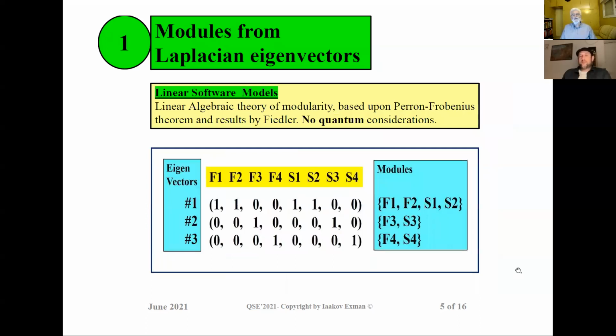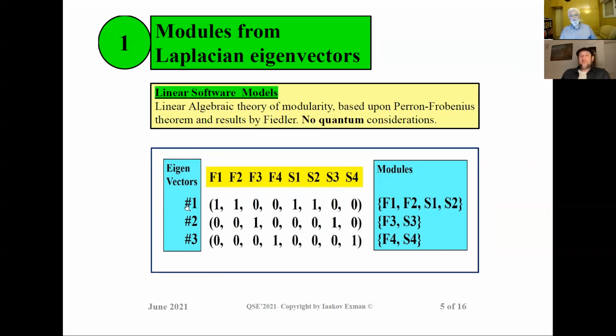How to get modules from the Laplacian? Very simple. One calculates the eigenvectors of the matrix. For instance, here we have for the previous matrix three eigenvectors with the respective vertices in yellow.